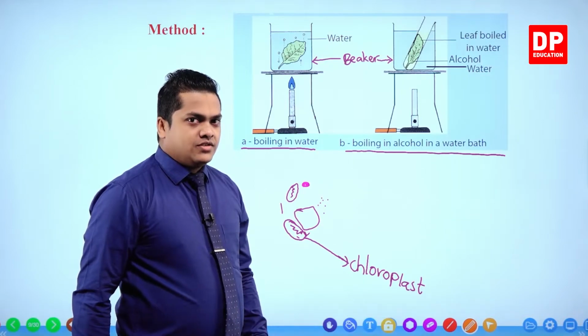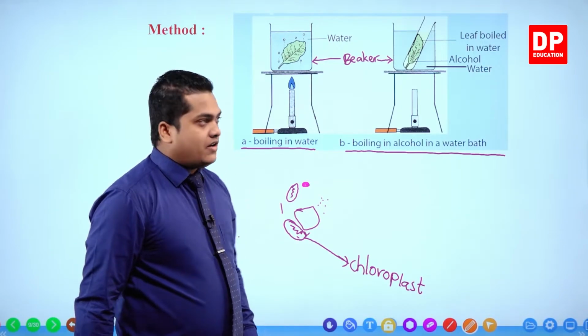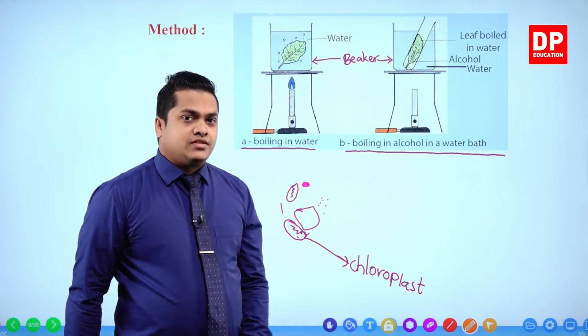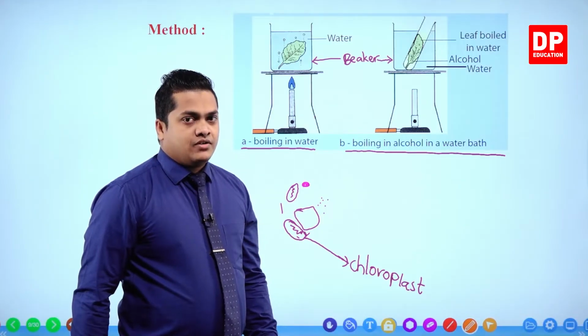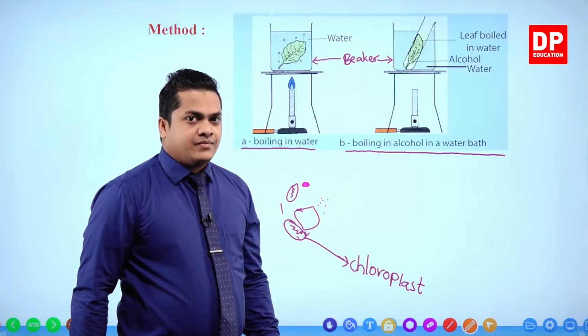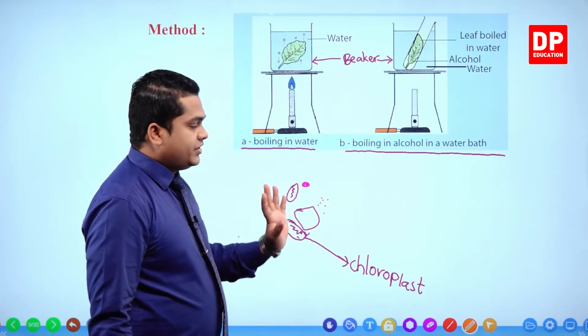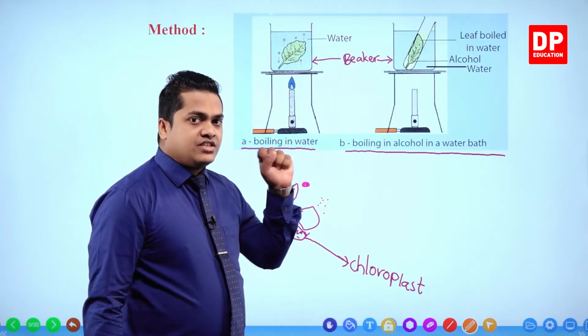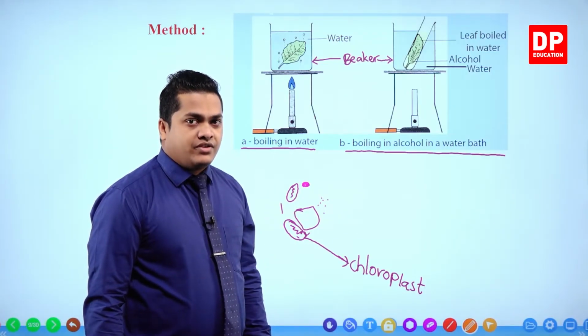After these two processes, my dear children, our leaf is going to be prepared for the starch test. Now, chlorophyll is removed, the cell wall is removed, and the chloroplast is exposed to the outer environment.